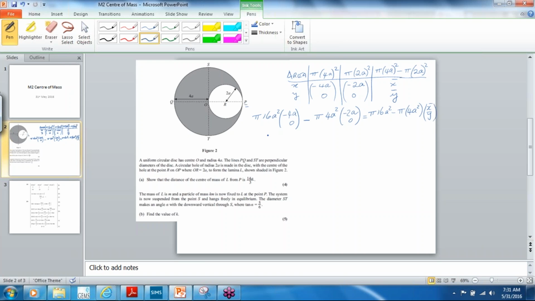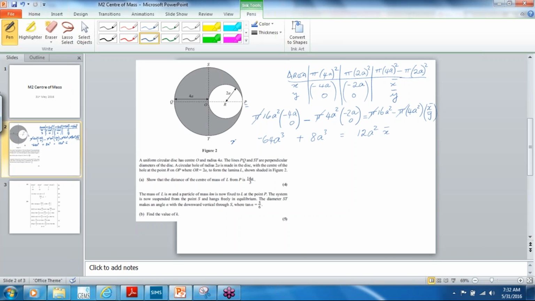All right, so what do we have here? We've got a pi in every term, so we can divide by pi. Here we've got negative 64a cubed plus 8a cubed, this is just the x components, equals 16a squared minus 4a squared, so that's 12a squared x bar.